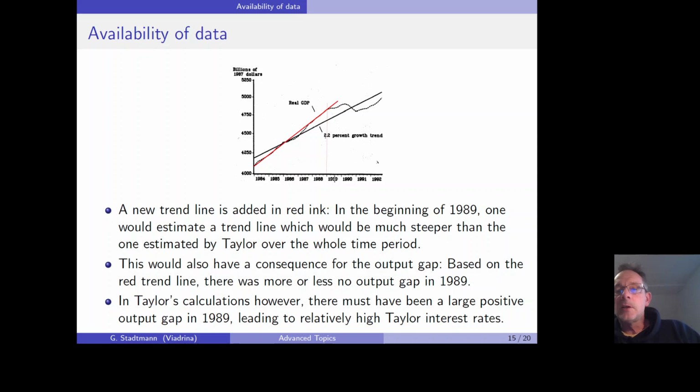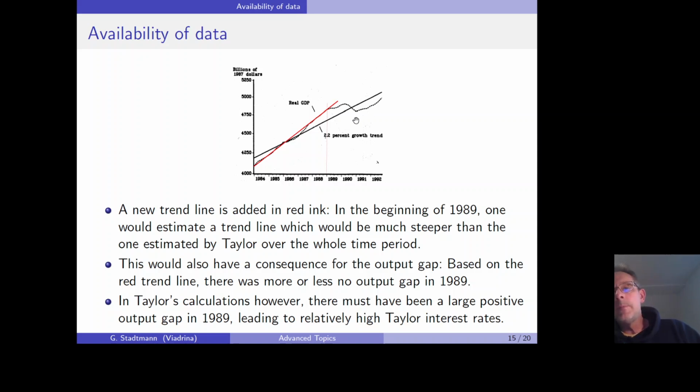So the information about how the GDP develops in 1990, 1991, 1992 is not available at all. So when we are in the year 1989, we cannot estimate this black trend line. Therefore, we don't know how the growth trend of GDP is.